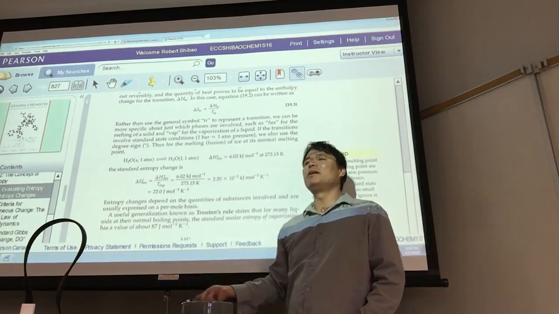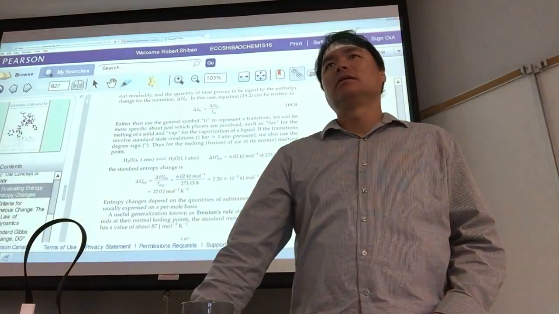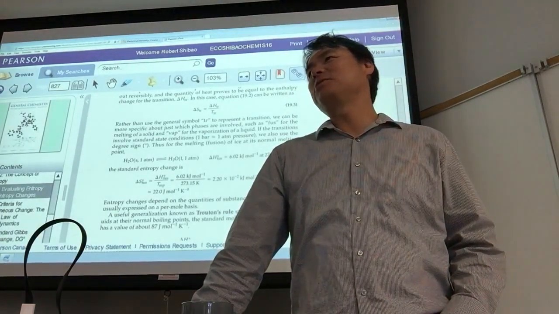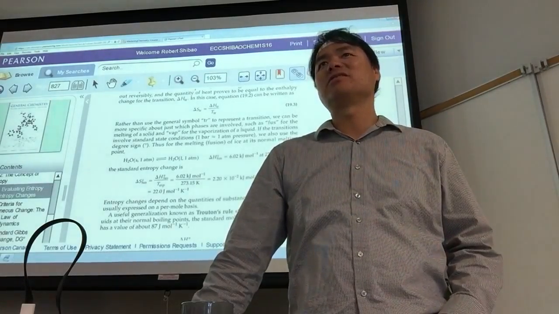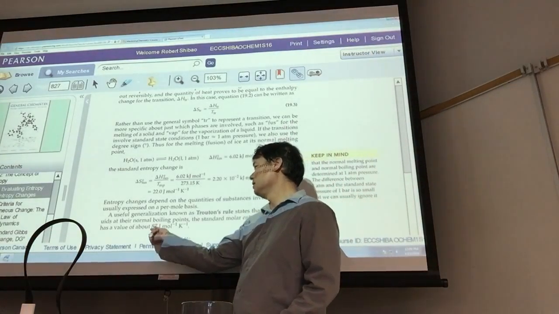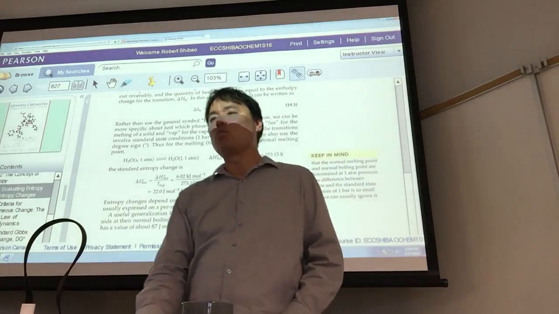87, well, how precise do you think that is? Do you think Trouton's rule has a lot of exceptions or very few exceptions? A lot of exceptions, right? Trouton's rule has a lot of exceptions because the number is going to vary. For example, one of the exceptions is water.